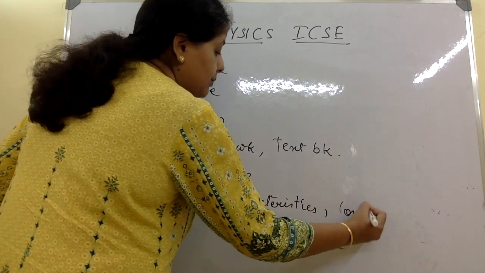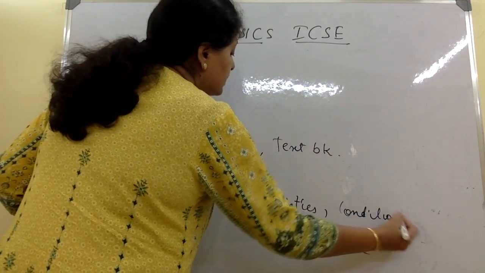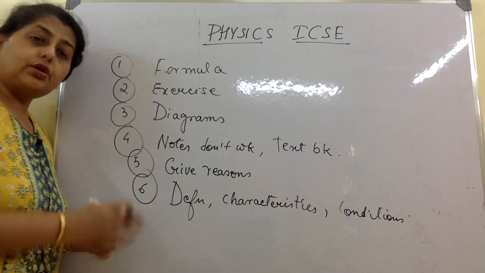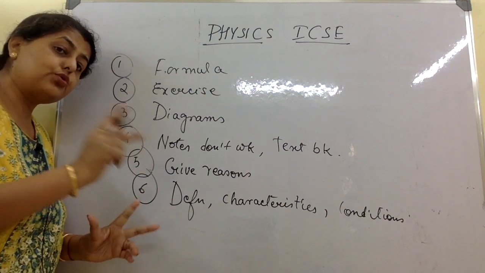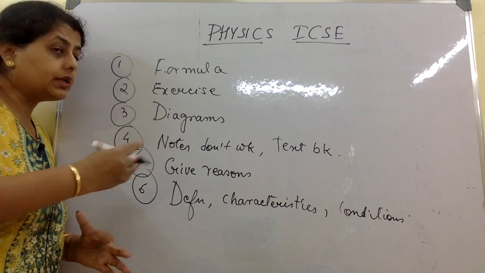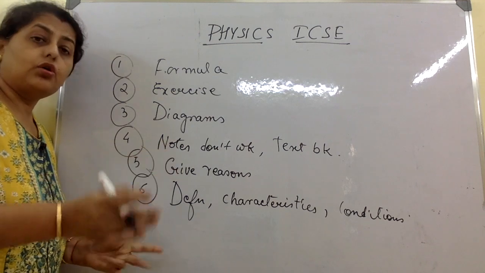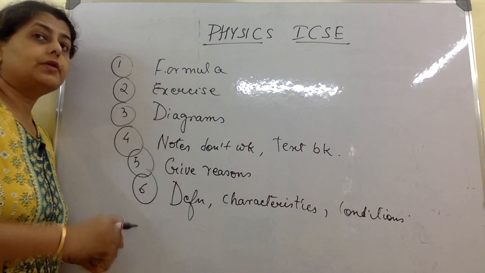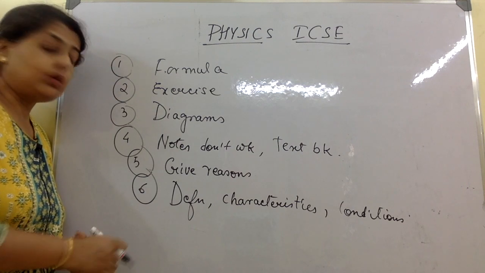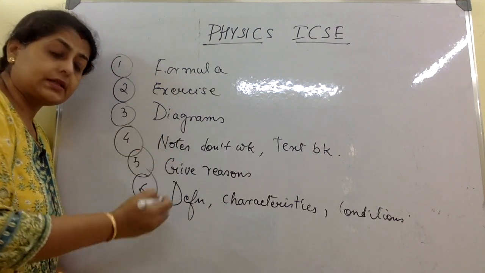So it is made up of conditions. All these you have to learn from the textbook. They always have a question where they will ask you two conditions for TIR to happen, or two conditions for a couple, or two conditions for something else in electricity. They are all given in proper headings.